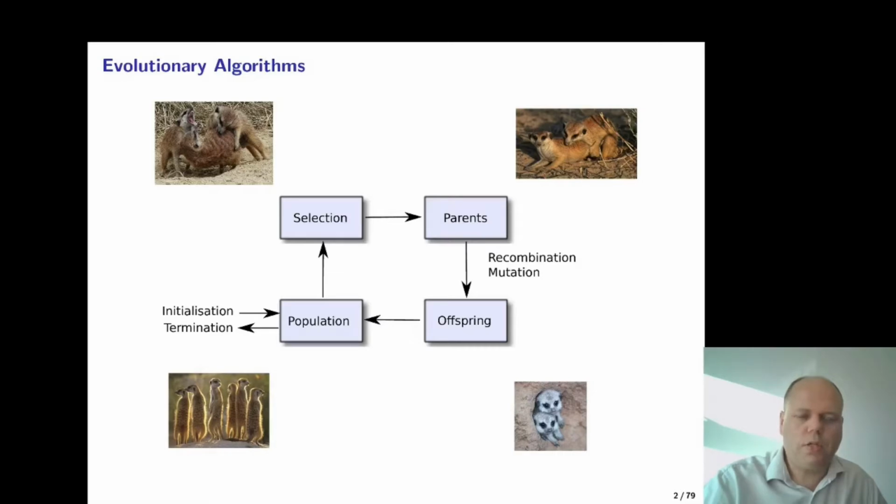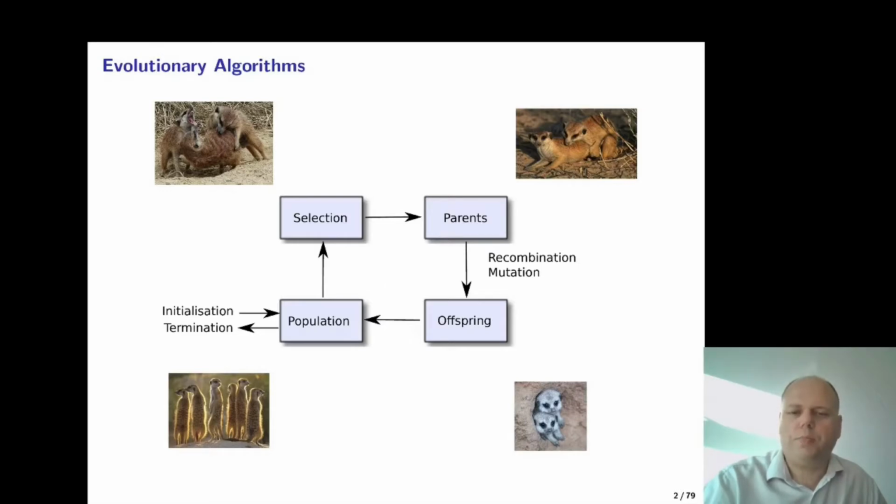So we start by initializing a population with individuals selected uniformly at random. Then we use the fitness function to select some of the better individuals. The selected individuals will become parents, so we recombine the genetic material in the parents. Then we apply some mutation operator, and this gives us some offspring.